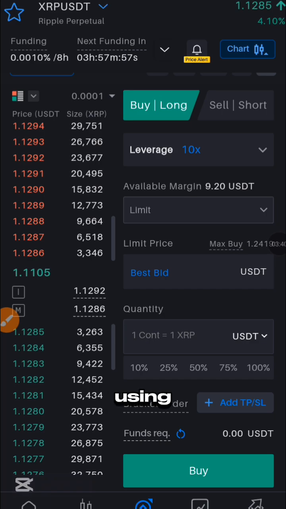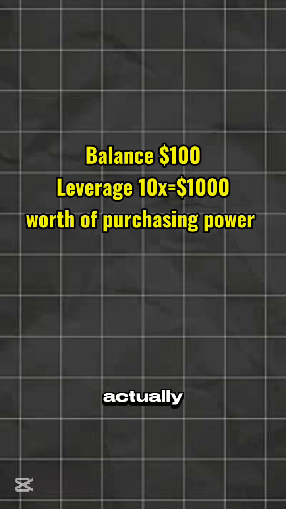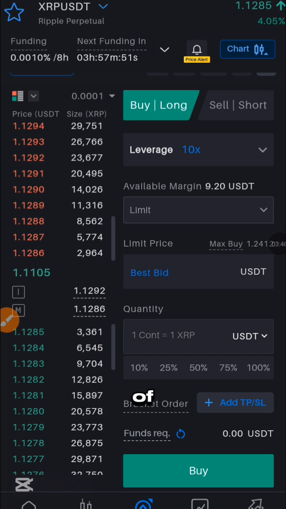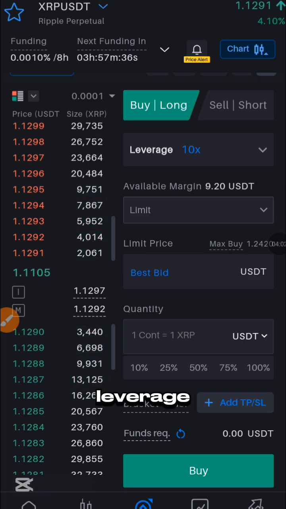Also, with 10x leverage, your $100 actually controls the purchasing power of what? $1,000. Now, every 1% in the market feels like a 10% move on your account. Your profit grows faster, but your losses also grow faster. Now, what does 20x leverage mean?